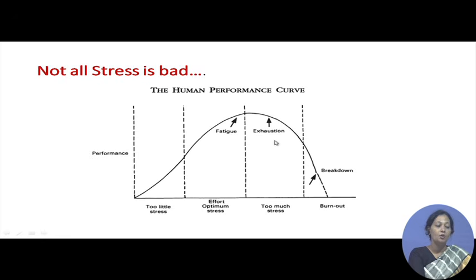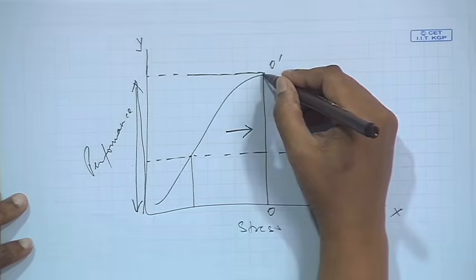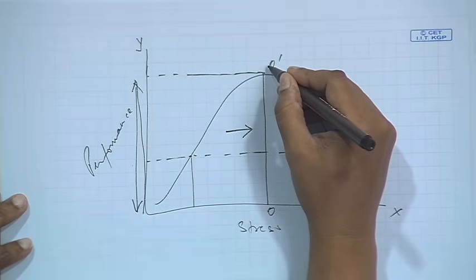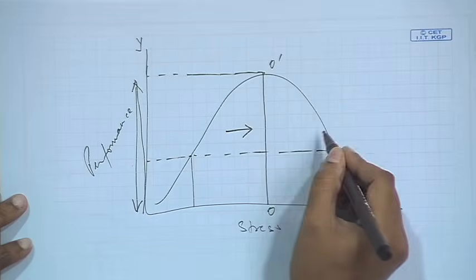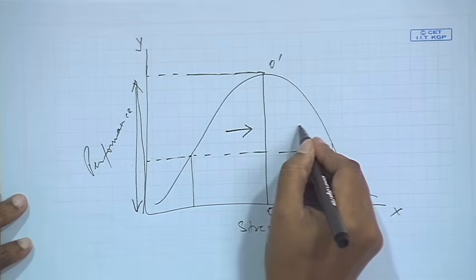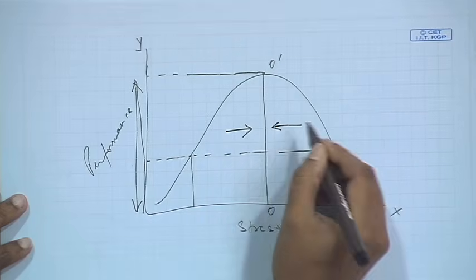So when you are in the exhaustion phase, you will try to get your performance up higher. So you will move this way to increase your performance to the optimum. And when the stress is higher up, we try and move it this way. So I'll give you an example.